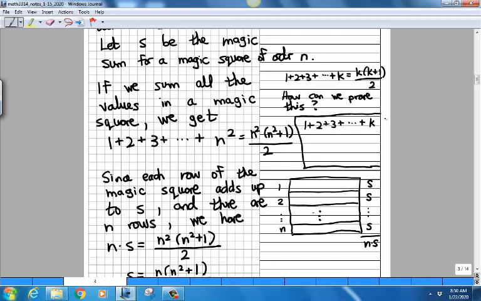You don't have to add one by one. It's always going to be k, times 1 more than k, and then divide that by 2. Have y'all seen that formula before? You may not remember it exactly, but you may remember seeing it in the past.